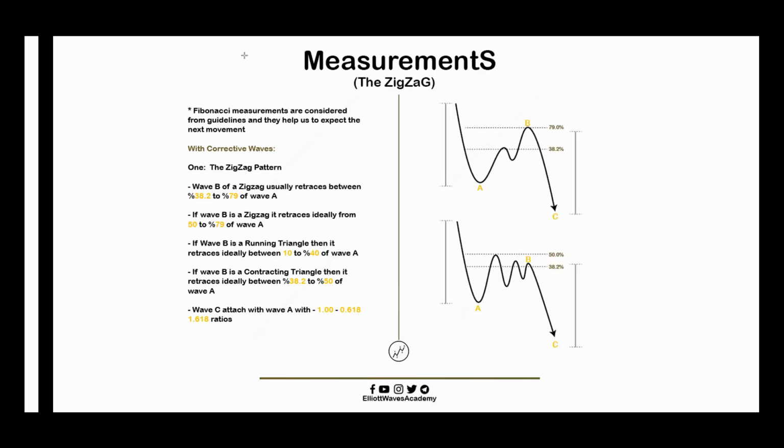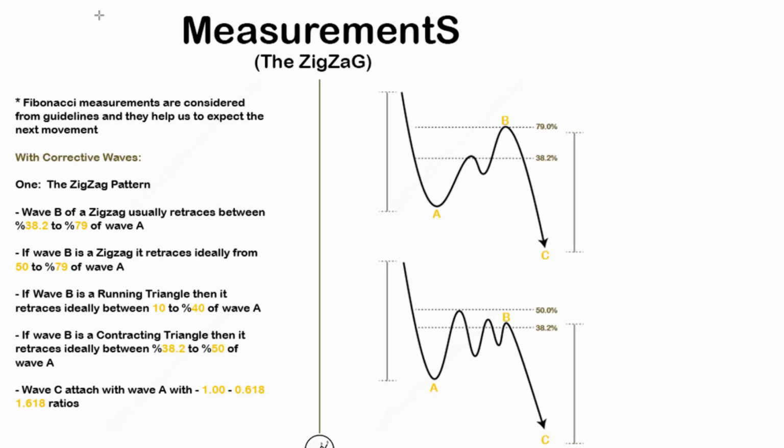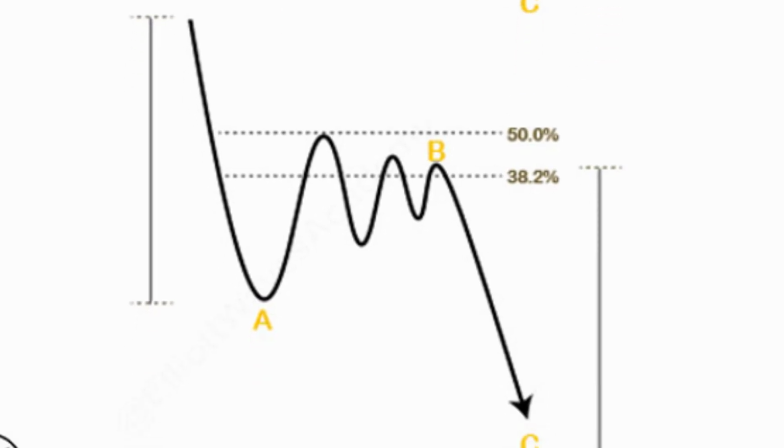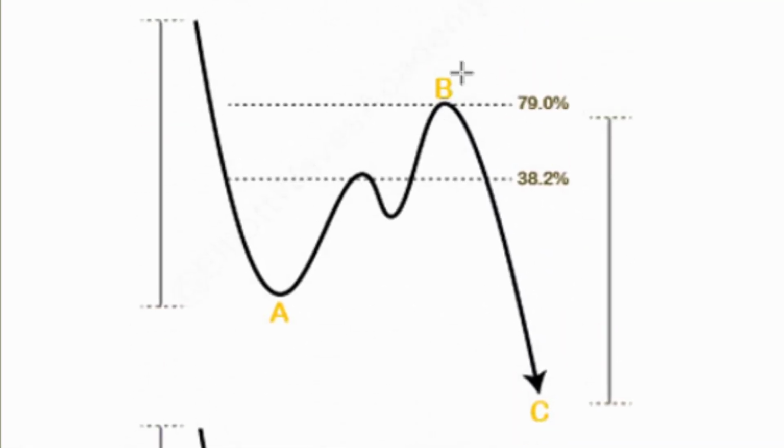Let's talk theoretically first. In the beginning, I want to mention that the measurements differ between when wave B of a zigzag is a zigzag pattern as well, or when this wave B is a triangle pattern or another kind of corrective pattern. So within the zigzag, when it comes to wave B, the measurements differ, but when it comes to wave C, it is the same.